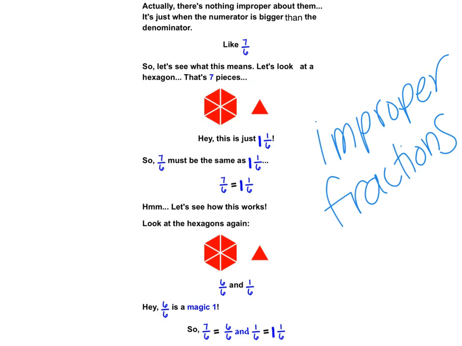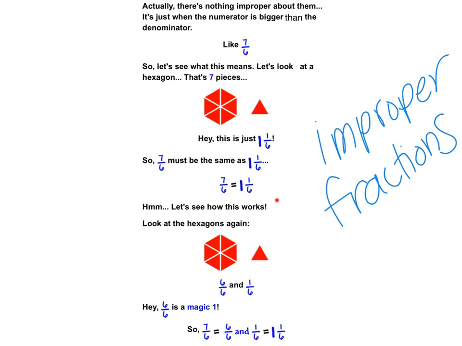That clearly is not a hexagon. So let's see, we have a complete hexagon and an extra piece. So we have one whole and one extra part of a hexagon. That means one whole, 1/6. So 7/6 must be the same as one whole and 1/6.